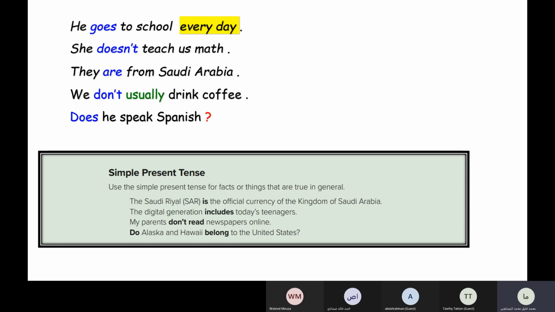It is a fact. They use it nowadays, so we have to use the simple present. The Saudi riyal is the official currency of the Kingdom of Saudi Arabia. The second example: the digital generation includes today's teenagers. That's true. So we use the simple present with facts.